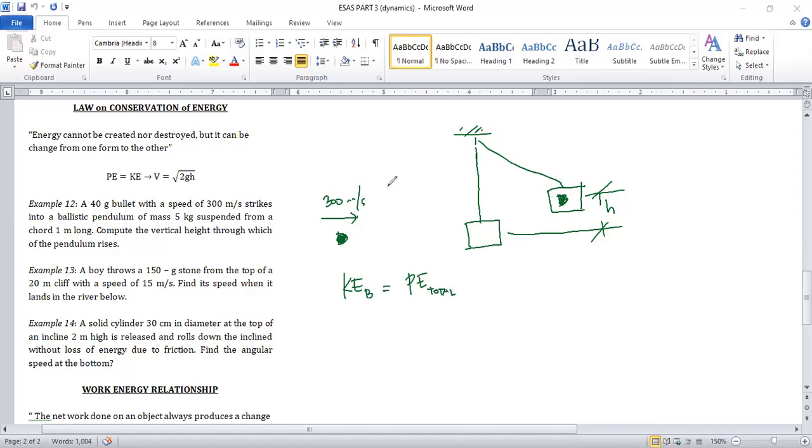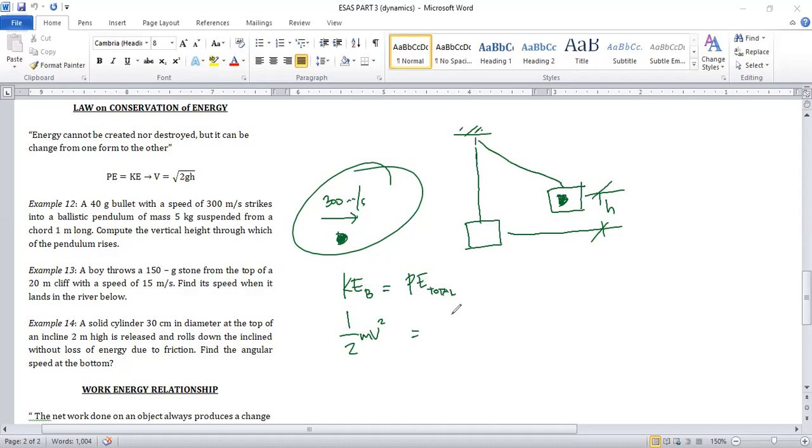So that means the energy possessed by the bullet when it is moving was not lost, but rather it is being changed into potential energy, the potential energy of the bullet and the ballistic pendulum. We then say that the kinetic energy is one half, and then the total potential energy.